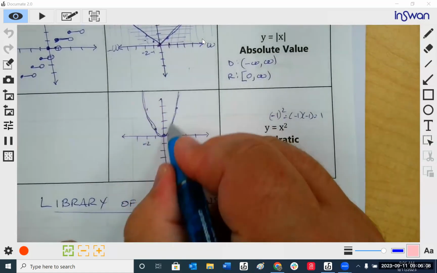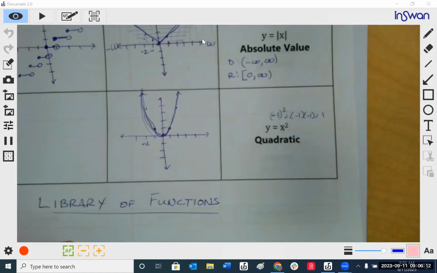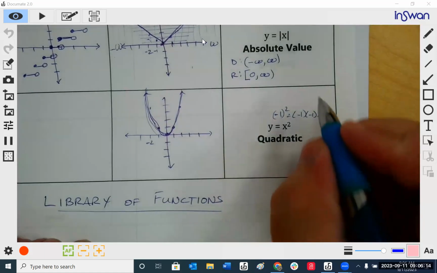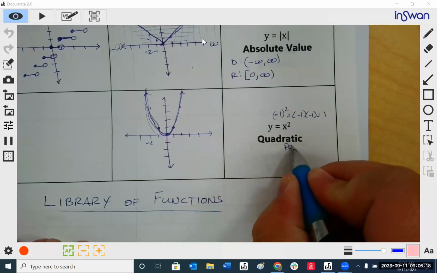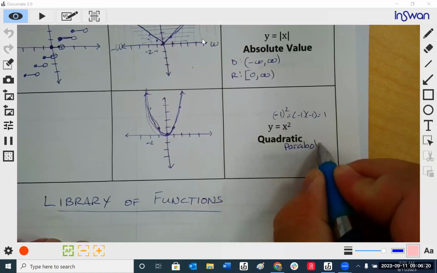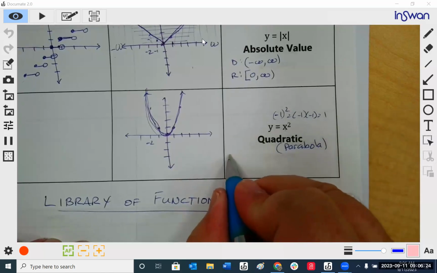So this is the first of our curves. It's called a parabola. What's the domain?